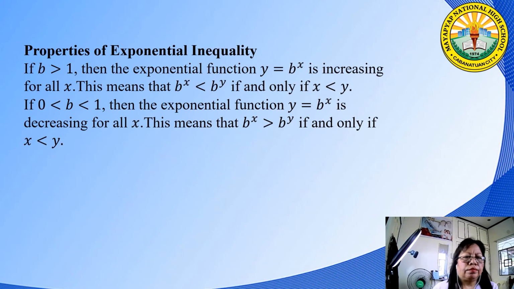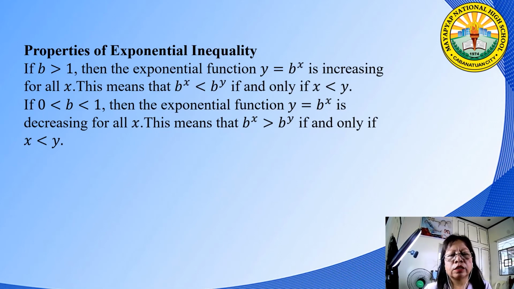Okay, next let's proceed on how to solve exponential inequality. But before that, let's first state the property of exponential inequality. If b is greater than 1, then the exponential function y equals b raised to x is increasing for all x.